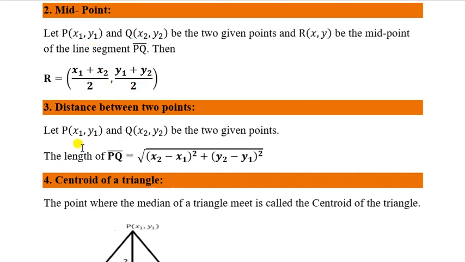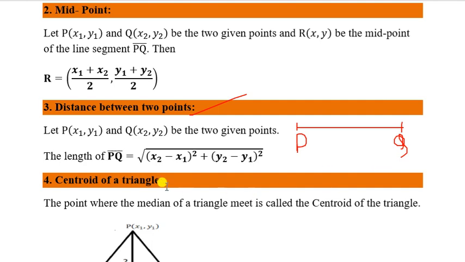Now distance between two points. Distance between two points means length. Suppose this is the line segment, this is P, and this one is the other endpoint, Q. We have to find out the distance between P and Q, that means the length of PQ.